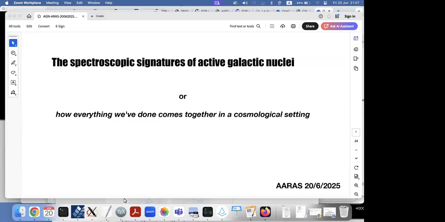And what I want to emphasize through all of this, as a kind of bringing together of everything that we've been doing, which is why I wrote how everything we've done comes together, is that the thing that unites all of the cosmic environments is that all of the physical laws are the same.